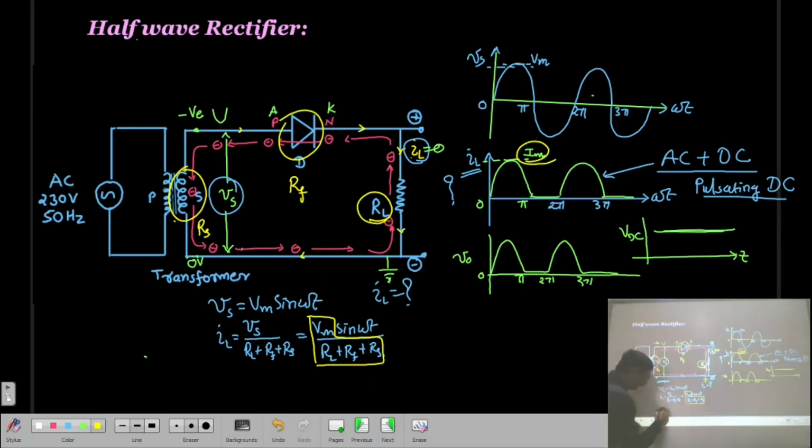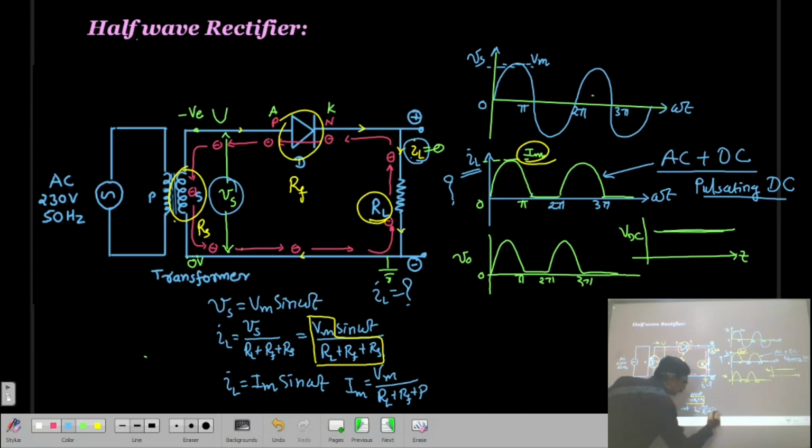So, this IL we can write as Im sin omega t. What is Im? Im is Vm divided by RL plus RS plus RF. This is the maximum current. So, the expression for this load current is this.